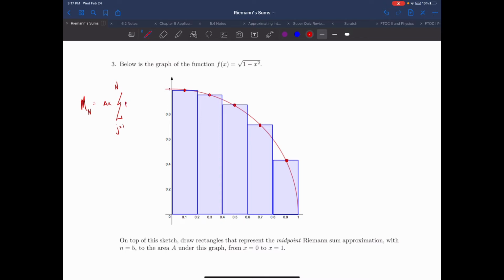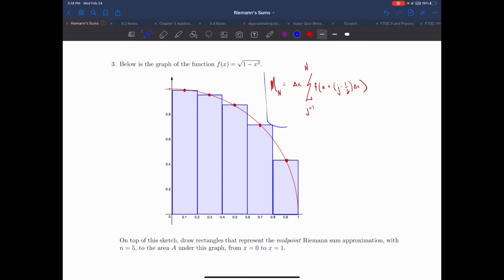And then it's f of a plus j minus 1/2 delta x. Let me move this out of the way so I don't have to cramp that. Let's put it over here. That's delta x, and that's what you would plug into the function, is all of that. So we're going to do an example of that in just a second.